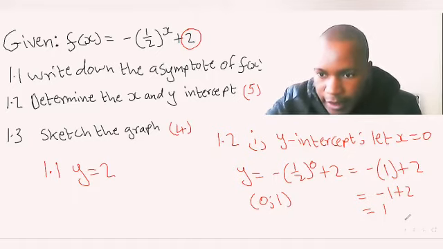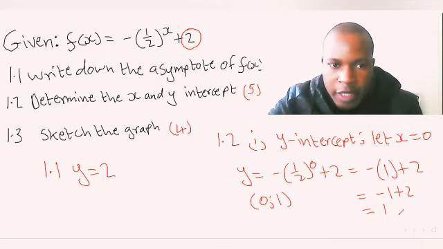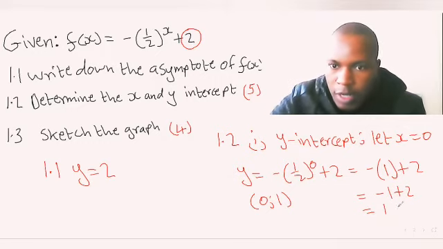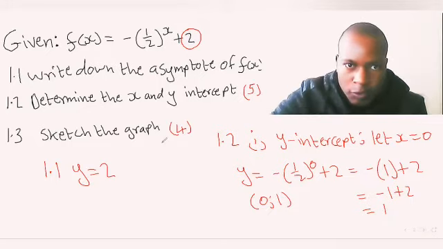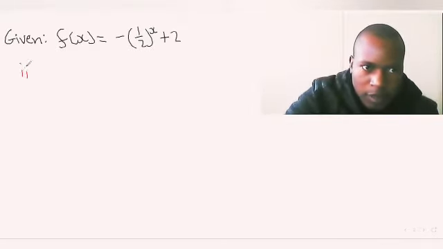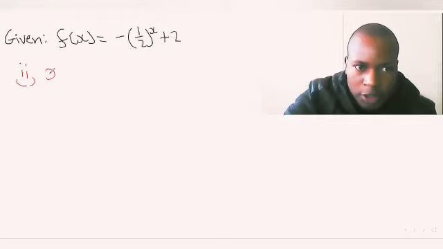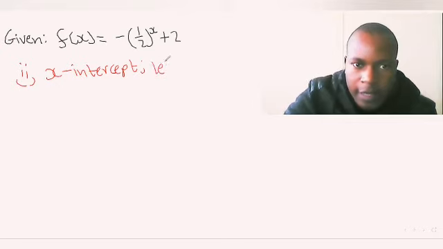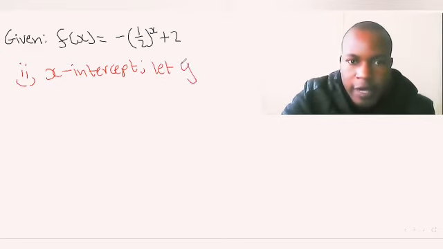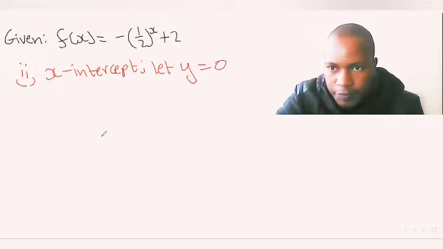Now let's head on over to the next page for us to do the x-intercept. That would be Roman figure number 2. In the x-intercept, we have to let y equal 0.